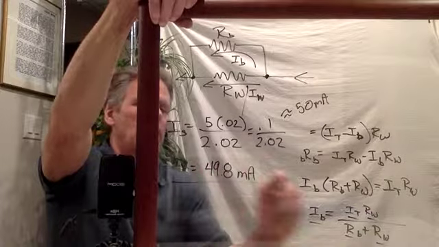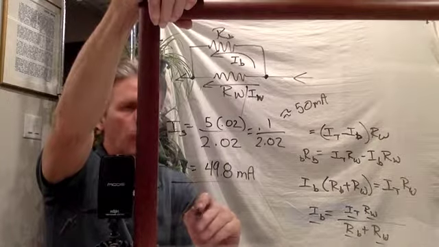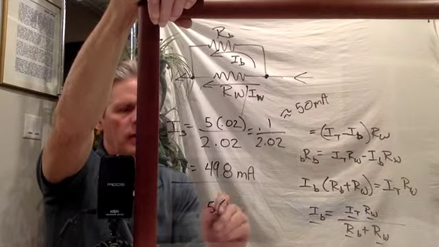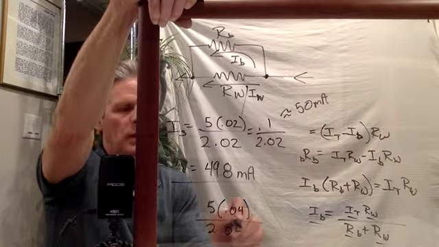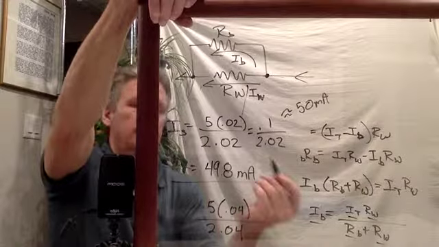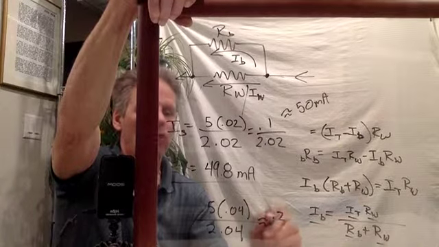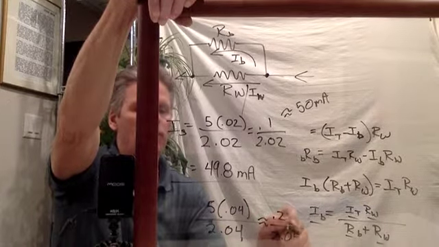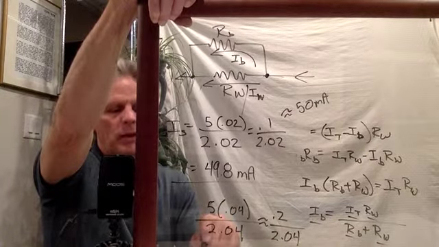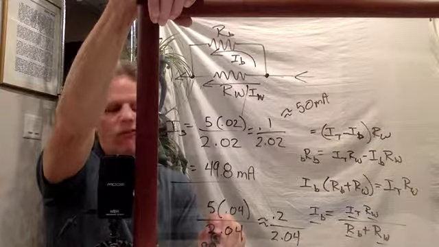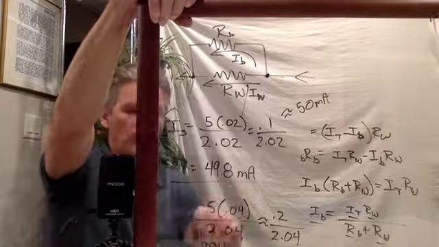Okay, now you do the same thing. The only difference, remember, is that this 0.02 turns into a 0.04. And so what you have is 5 times 0.04 over 2.04. And this is 0.2 over 2.04, which ends up being something like 0.0984.